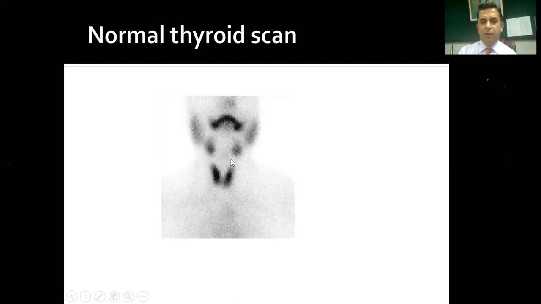A lot of people think that the role of the thyroid scan is almost obsolete because now we have very good ultrasound available, and one can identify things much more easily. So I would give you a few examples of why the thyroid scan should be utilized, not in every thyroid nodule, but in certain thyroid conditions where we are in doubt whether the thyroid is hyperfunctioning or not.